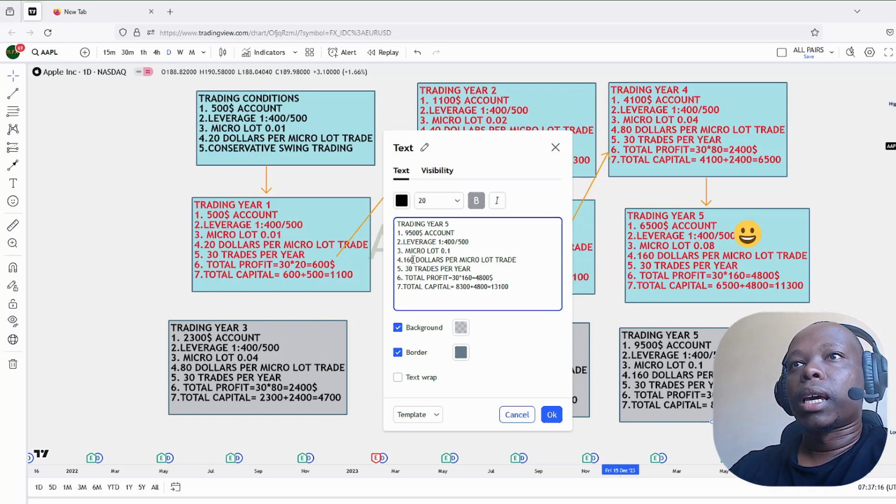That means we are targeting $200 profit. So 30 by 200 would be 6,000. So it would be 9,500 plus 6,000. That would give us 15,500.